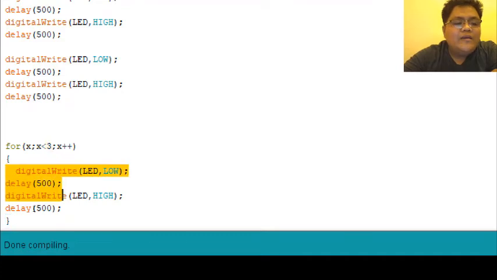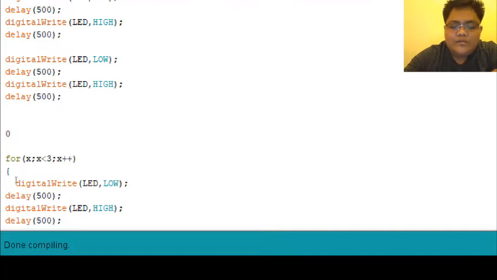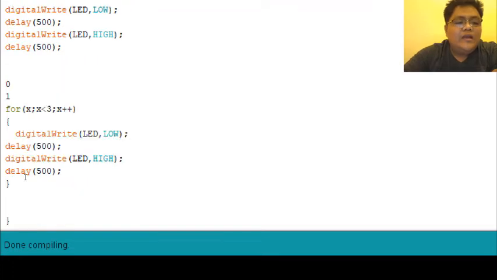Since 0 is less than 3 is true, after executing this, the compiler will add 1 to our x. Since the first value of x is 0, it will become 1.